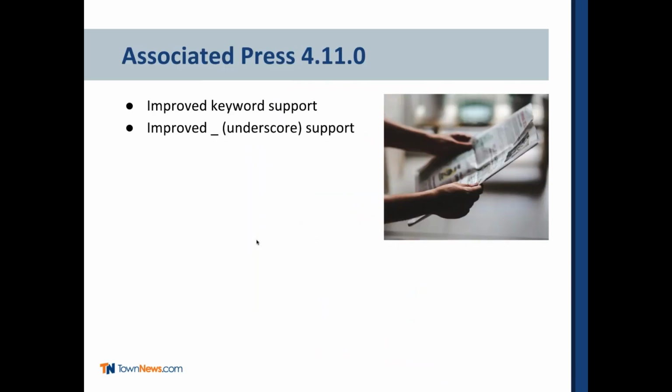We also have a change for the way underscores are treated in assets from AP. Now, underscores weren't used a lot, but lottery feeds, some agate used them as well. And what AP has done for years is indicate that an underscore was supposed to be converted to an M dash.